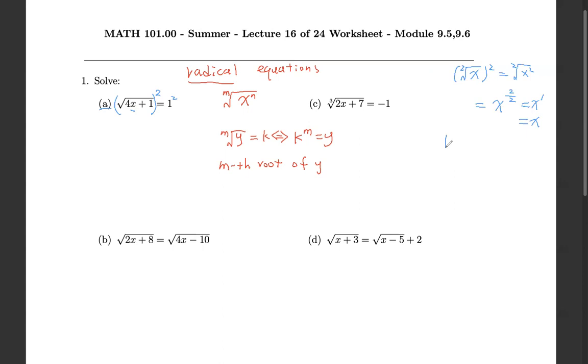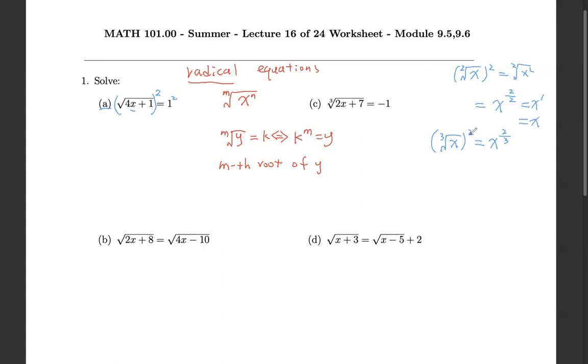So let's see another example. If I have a cubic root of x, if I raise this by a square, I wouldn't be able to get rid of the cubic root sign. Why? Because this is x raised by 2 over 3. But I want to get something divided by itself. I want to get 3 over 3.